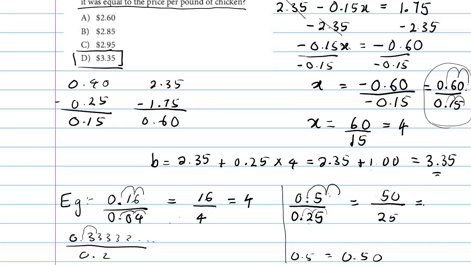Now you know what to do: 50 over 25, which is 2. That's how you deal with these types of numbers. So don't freak out when you see things like this, especially in the no calculator section. There are easy ways of dealing with these computations. All right, let's move on to the next question.